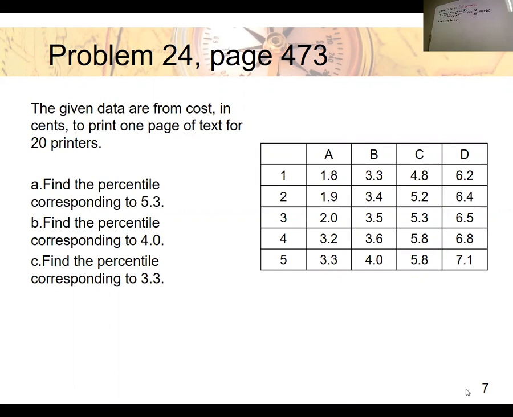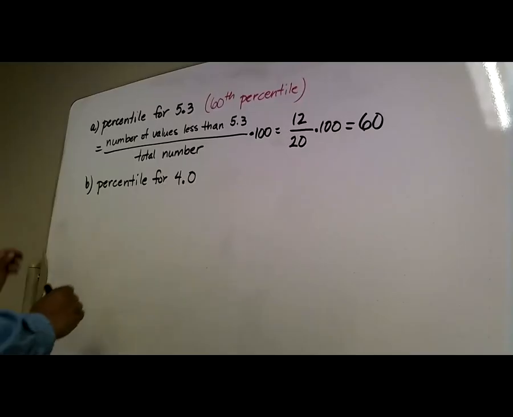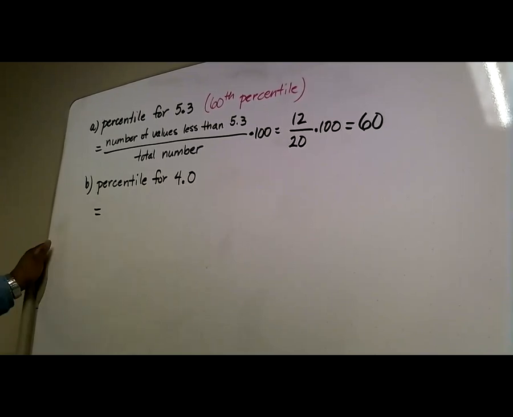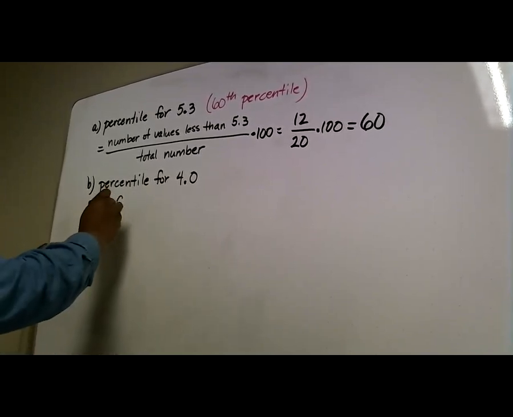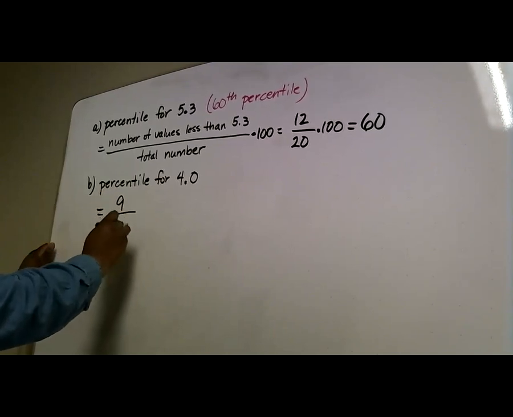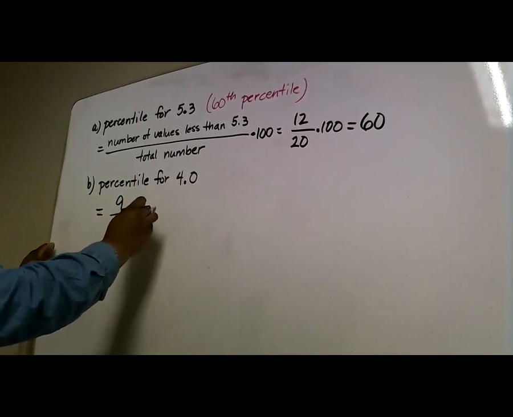All right, so now looking at this data set, here's 4.0. How many data values are less than 4.0? This time it is 9. So this is equal to the 9 data values that are less than that, divided by 20, times 100.